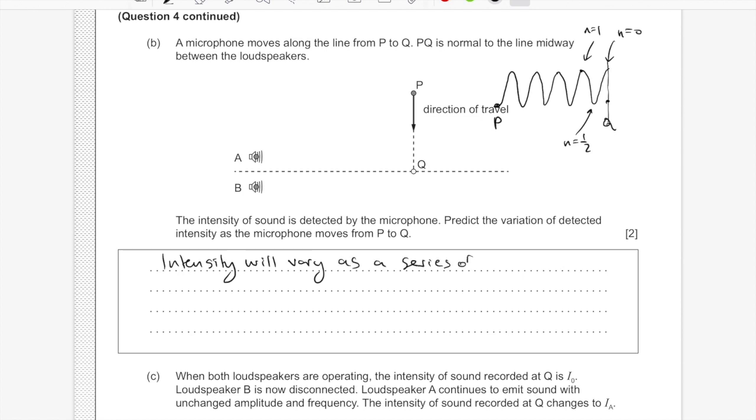We're going to start at a minimum at P, and then we're going to work our way through all those maxima and minima until we arrive at Q, where we have a maximum. They're not asking for too many details, but this should give you those 2 marks.